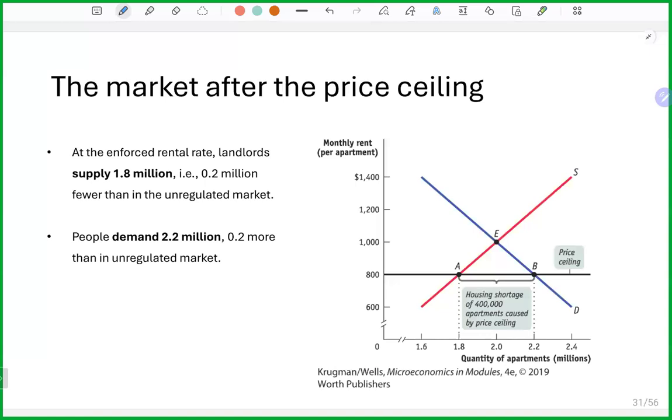Why? Because out of 2.2 million potential renters who are looking for rental housing, only 1.8 million successfully find one, meaning that 0.4 million are still looking. I may be in this group.